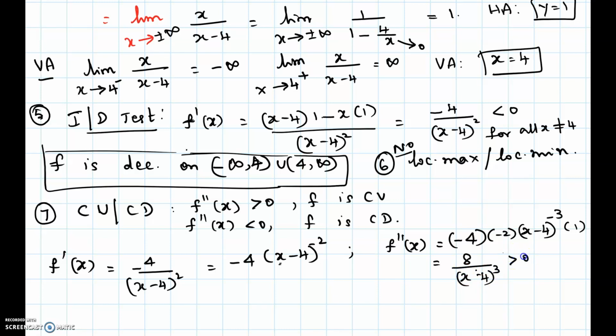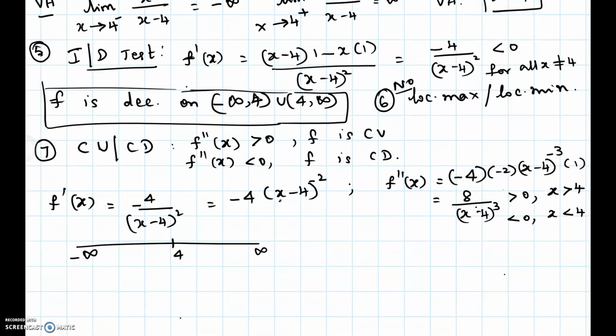So this is positive whenever x is more than 4, and this will be negative when x is less than 4. If we divide the number line into two intervals, one from negative infinity to 4 and 4 through infinity, on 4 through infinity it is concave up, and on negative infinity to 4 it's going to be concave down.